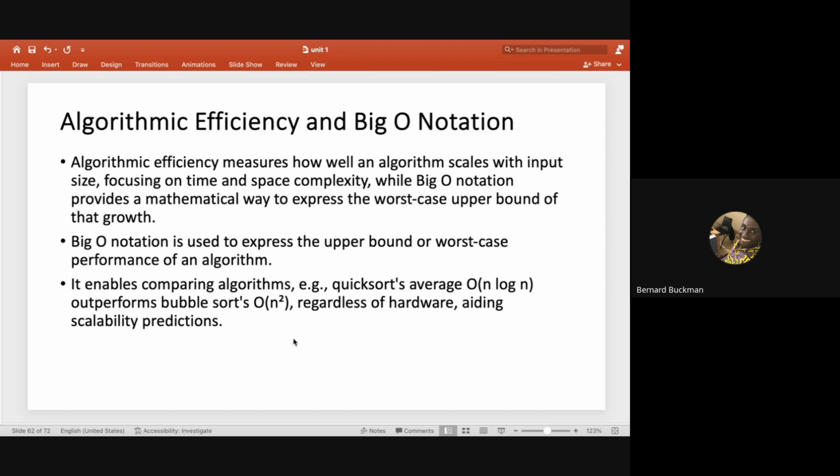If the big O is linear, it means that when we increase the number of inputs, the size of the response also increases linearly.